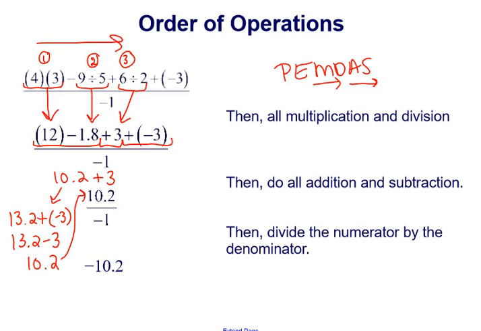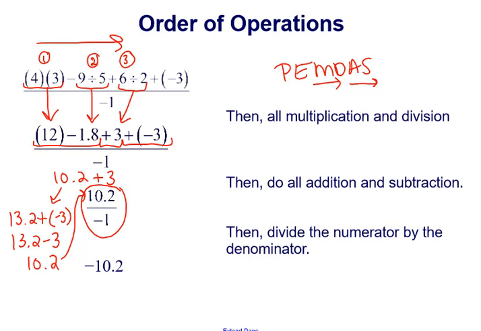So that is our numerator after we've simplified all the multiplication and division and the addition and subtraction. Now we've completely simplified the numerator. The denominator was already completely simplified with that first step of changing it to a negative 1. So now we have permission to divide the numerator by the denominator.